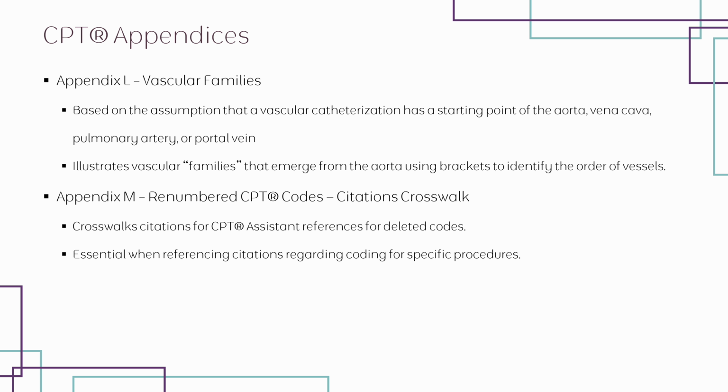It allows you to quickly determine which code replaced the deleted or renumbered code. In addition, crosswalk citations are provided for CPT Assistant references, making it easier to locate official AMA guidance for deleted codes. This tool will help ensure that you are using the most up-to-date CPT codes while still being able to trace historical references when needed.